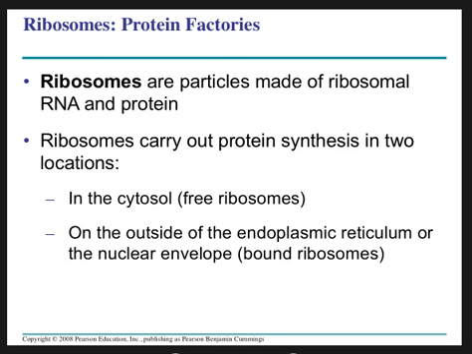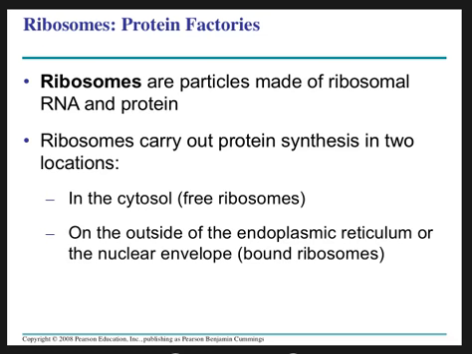So ribosomes are little protein factories. They are particles made up of ribosomal RNA and protein, like we just said. They are found in two forms, free-floating and bound. The free-floating ribosomes are just going to be free-floating in the cytosol. Bound ribosomes are either going to be attached to the nuclear envelope or to the endoplasmic reticulum.